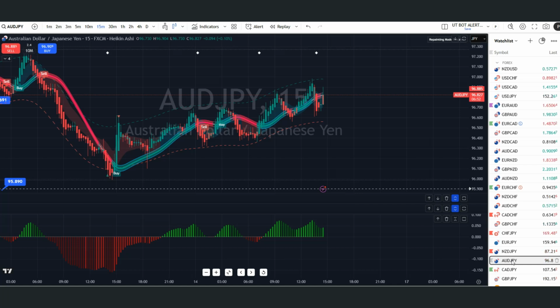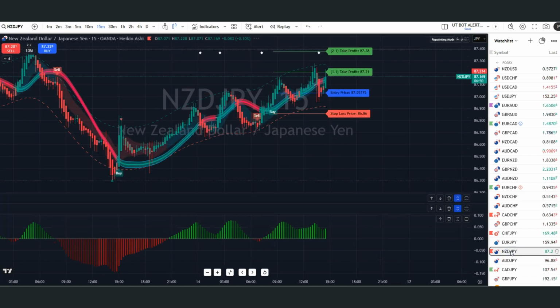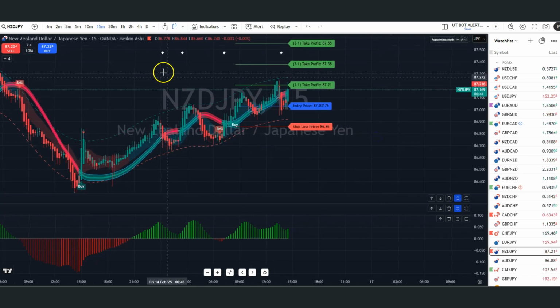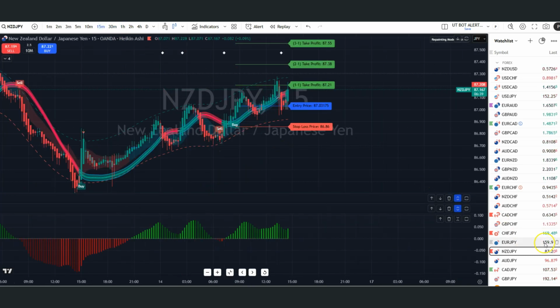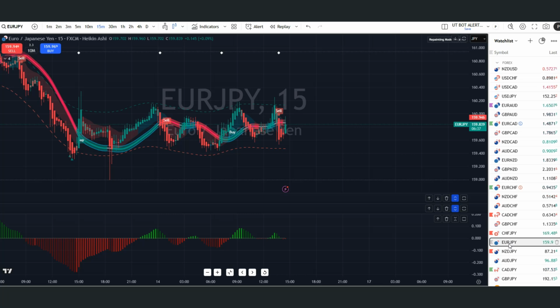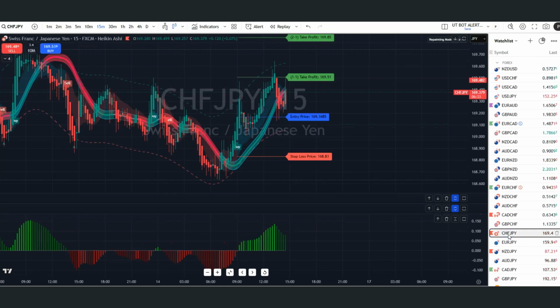Aussie, New Zealand, Aussie yen, I can see quite quickly here we've got a buy on the New Zealand yen, which is weird. Don't want to be doing that one, not when the yen futures are strong. Euro yen doing nothing. So the yens are out of play at the moment. They're not clear at all.